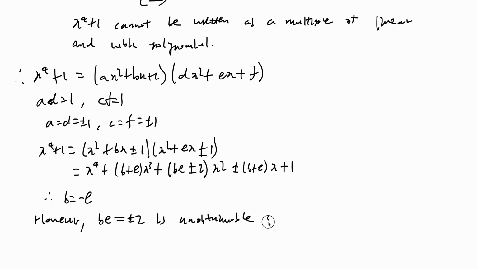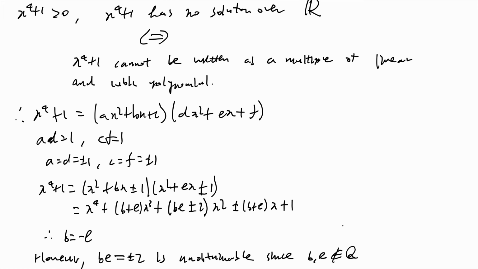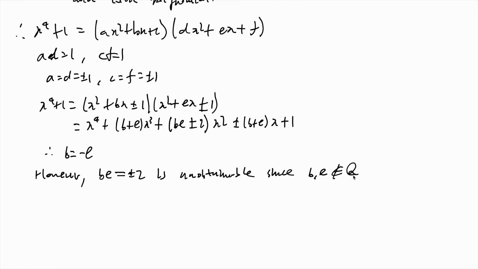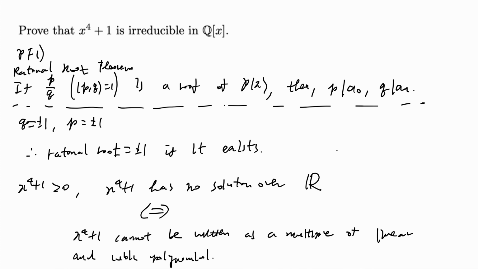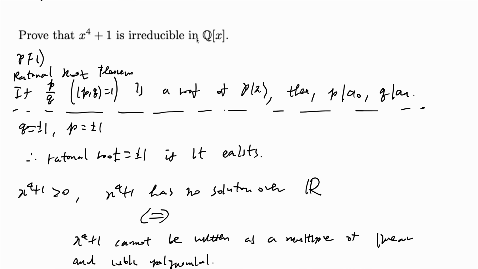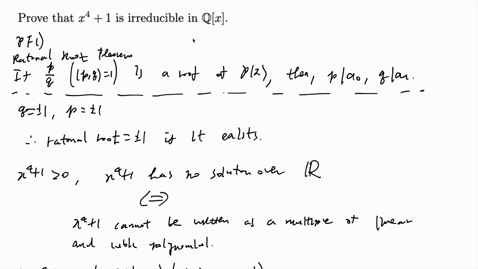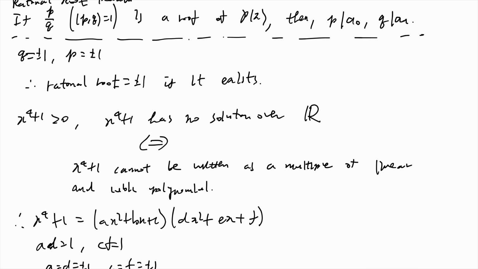since b, yeah, I think this is right, because they must be rational numbers. Because we're proving that it is irreducible in the set of polynomials over the rational numbers.